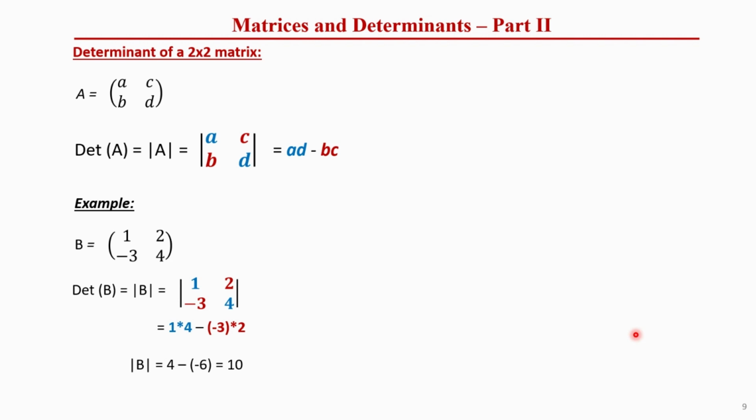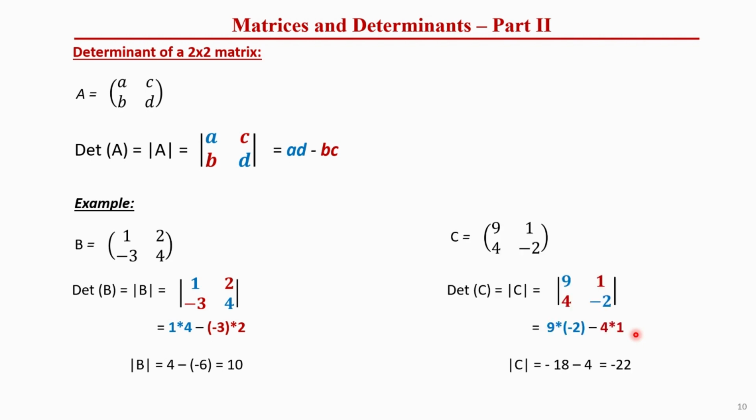That is, we multiply element 1 with 4 and element negative 3 with 2, and then we subtract the products. As a result, we get 10, and that's the determinant of matrix B. Okay, similarly, we can find the determinant for matrix C, which is shown here.